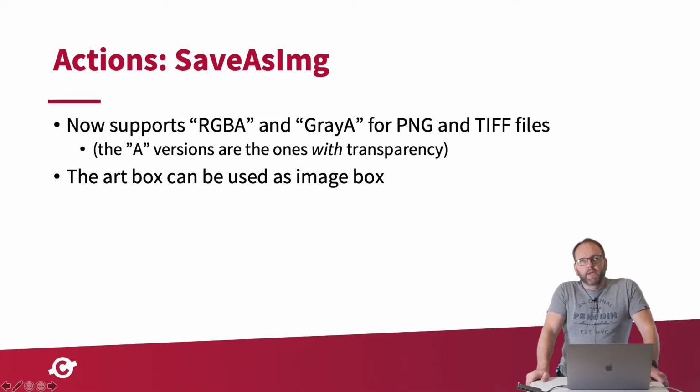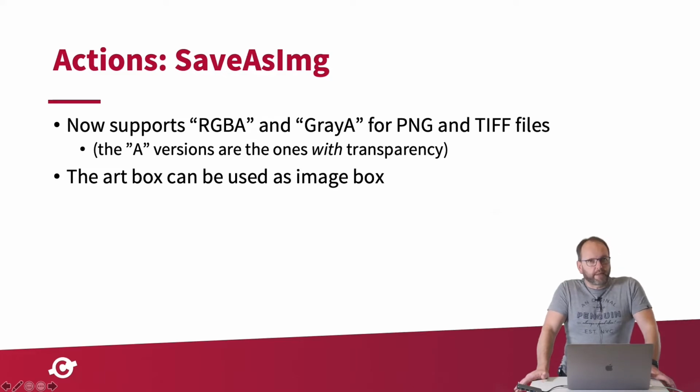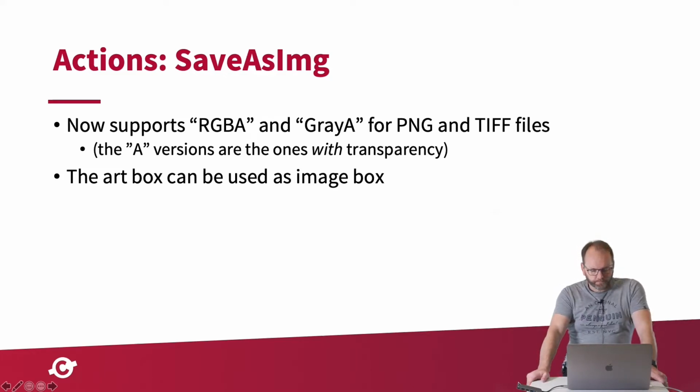RGBA is an RGB image with transparency. So instead of getting a white image with the page elements on it, you get a transparent image that has the page elements. So the background is transparent. And Gray A is exactly the same. It's a black and white version, but then with transparency in it. Other change is that you can also use the art box as the image box, which was not possible before.